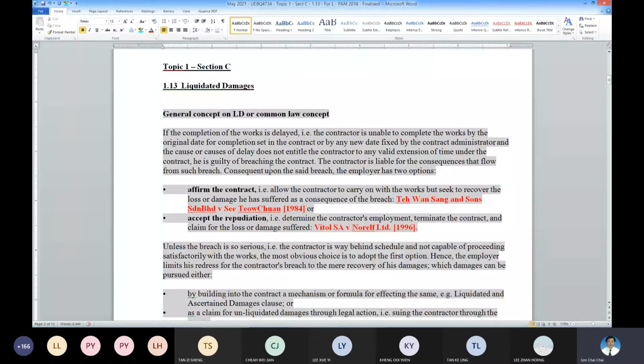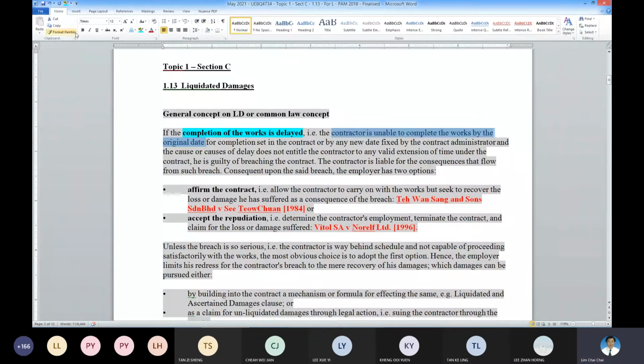So the basic principle is this. If the completion of the work is delayed, what does this mean? You must understand the term, completion of the work delayed. It means that the contractor is unable to complete the work by the original completion date. So this is one point.